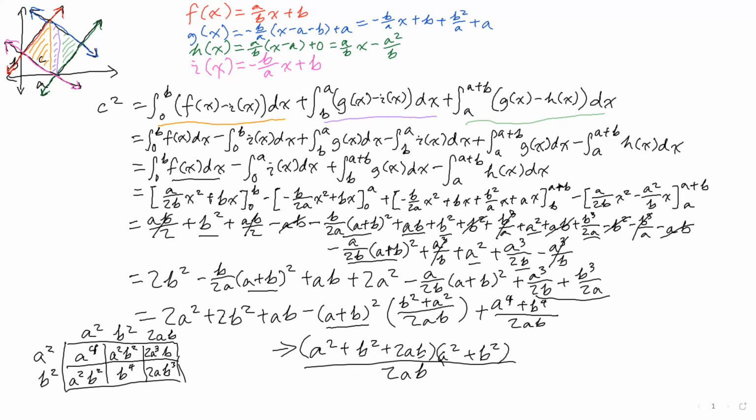So this would just be, eraser. That would be a to the fourth plus b to the fourth plus 2a squared b squared plus 2a cubed b plus 2ab cubed.